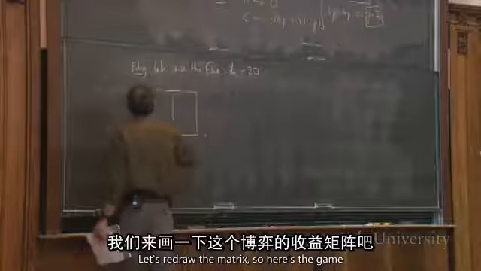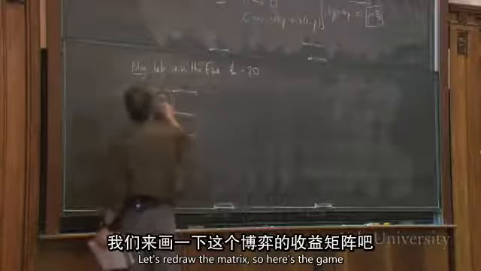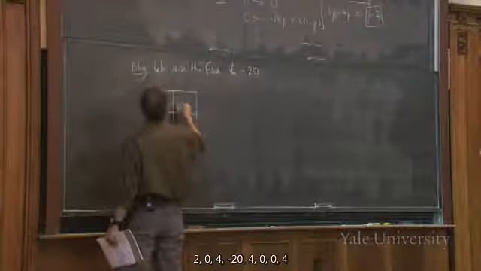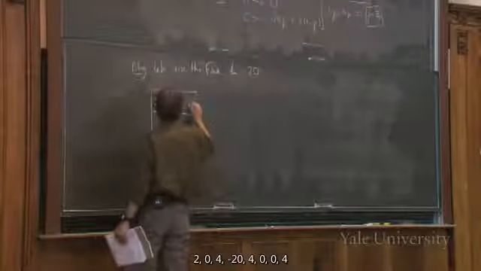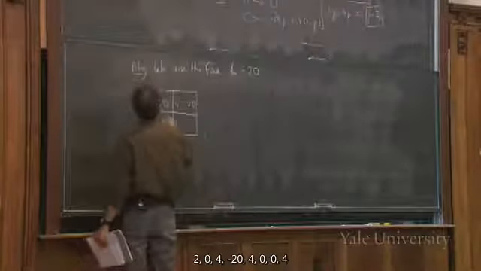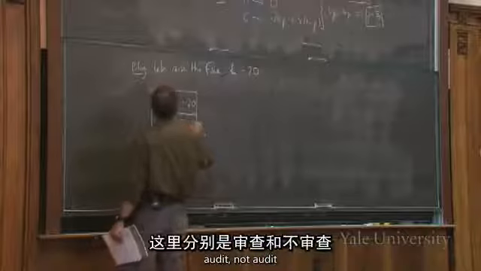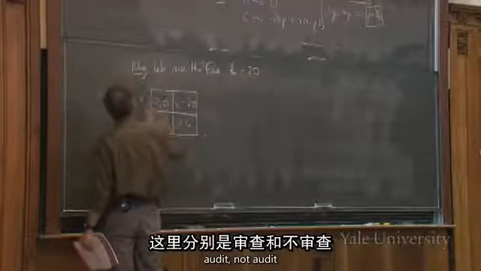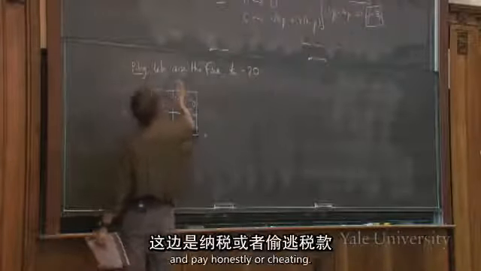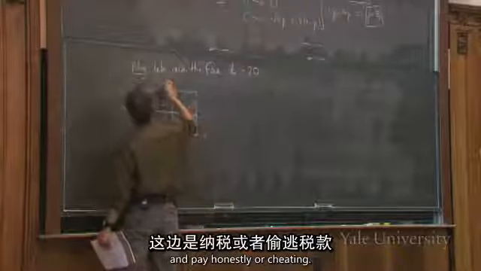All right, let's redraw the matrix. So here's the game: 2, 0, 4, -20, 4, 0, 0, 4, audit, not audit, and pay honestly or cheat.